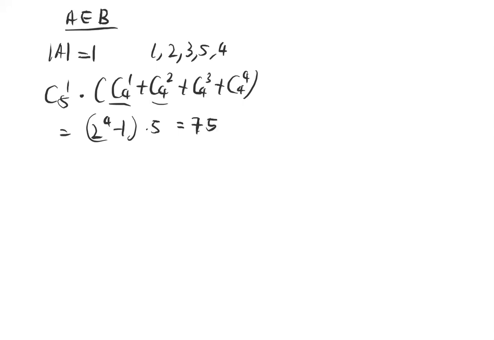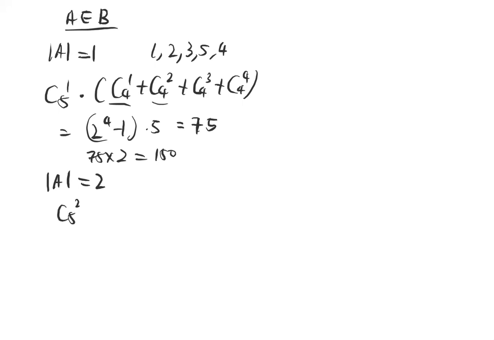And since it can be reversed, the same as when B is a subset of A, we have 75 times 2. Or if you prefer, you can multiply everything by 2 at the end, but I prefer to do it this way because it's tidier. When A has 2 elements, it's essentially the same thing.